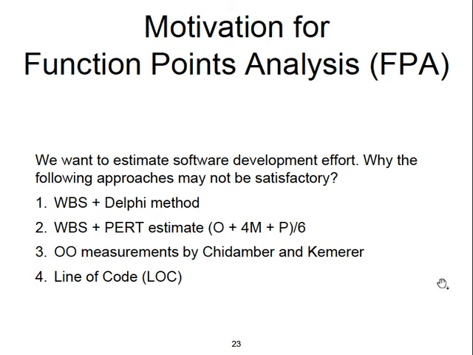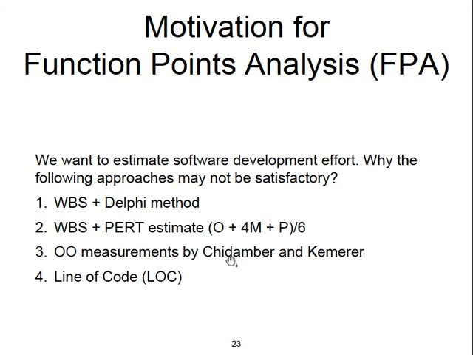So these two methods of estimating software development effort have a problem that they are subjective to people. Everyone would come up with different answers, even for the same system they are trying to build.